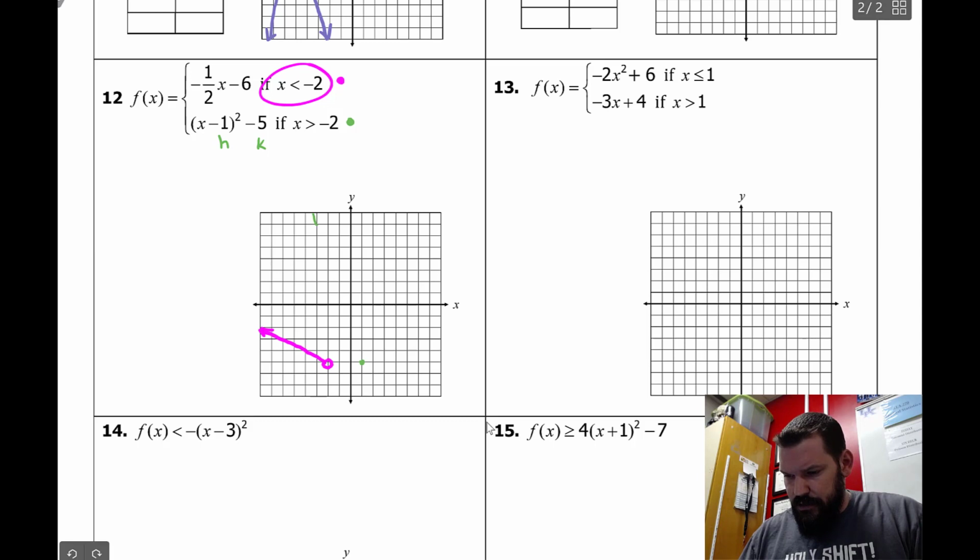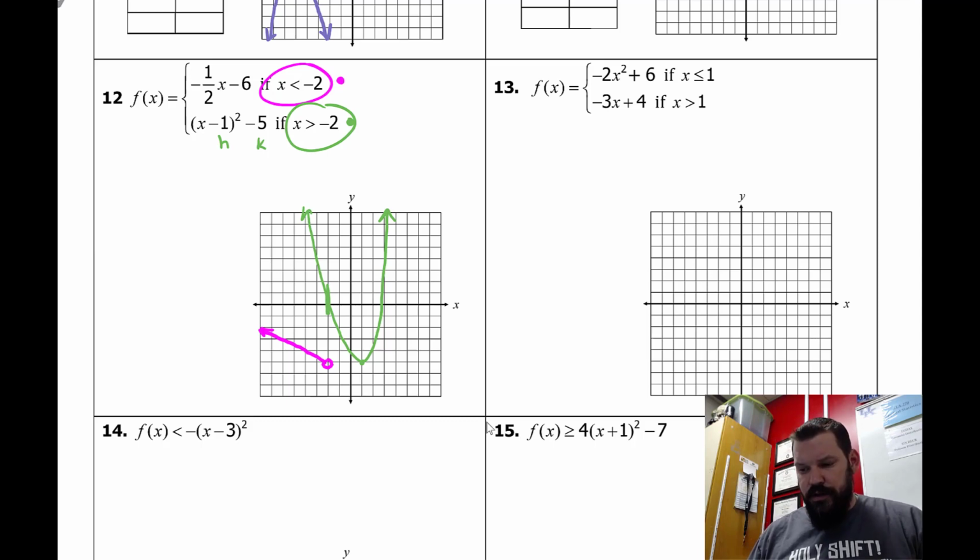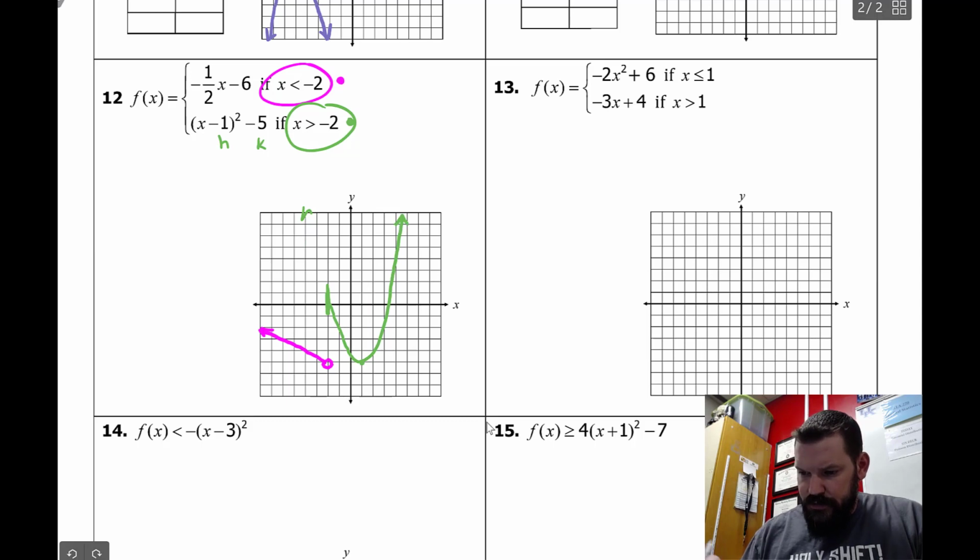So the graph is going to kind of look like this. But again, it's when x is greater than -2. So right here we're going to split the graph. The inequality is pointing to the right hand side, so we're just going to keep everything to the right of that split. So what we're keeping looks like this. And we have an open circle.